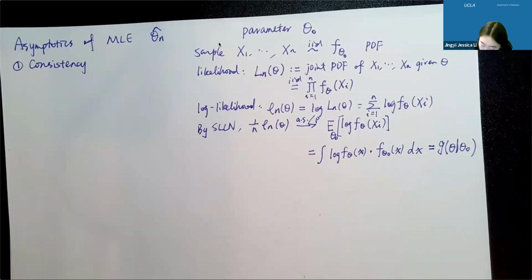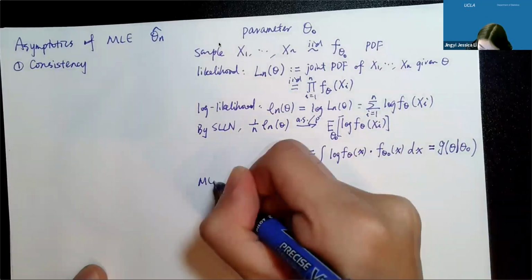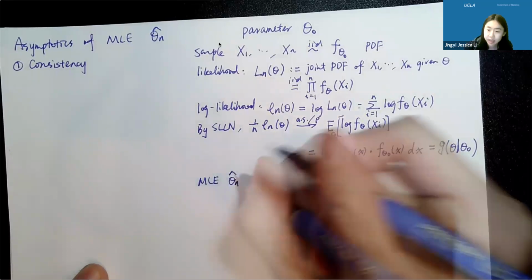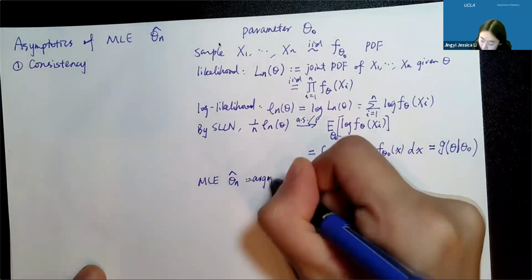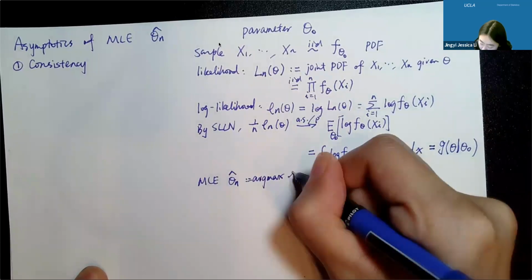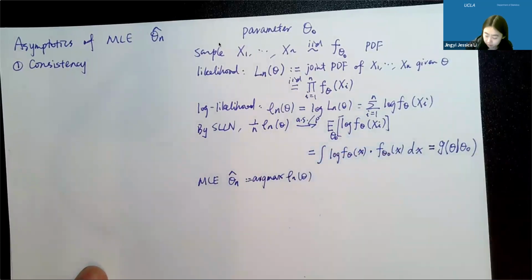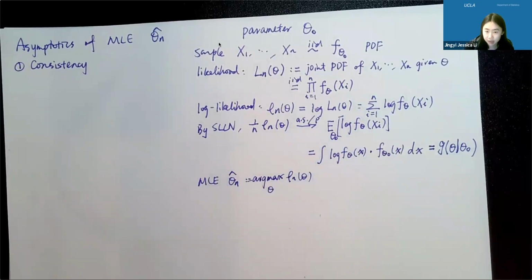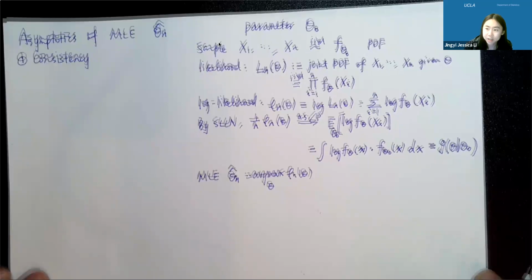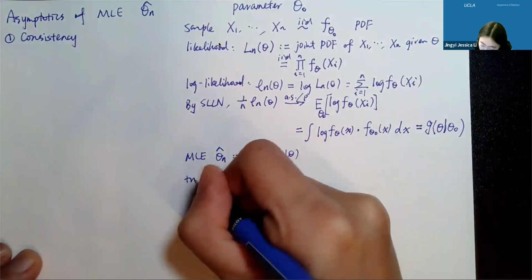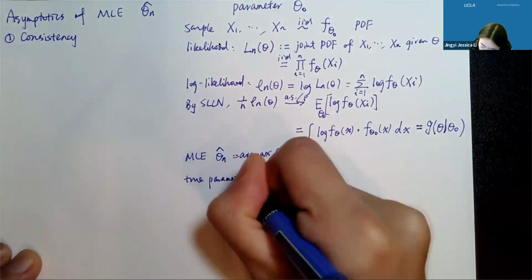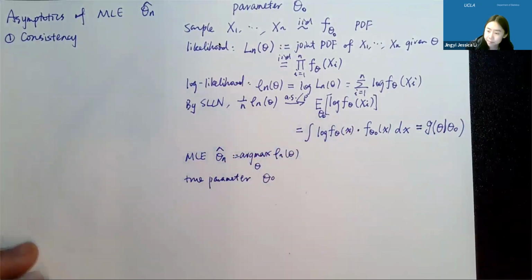So what is the MLE? The MLE, theta n hat, is defined as the maximizer, the argmax, of this log likelihood ln theta over possible values of theta. This is the thing we know. But something we don't know, or may not be so clear about by definition, is that the true parameter theta 0 is also a maximizer.